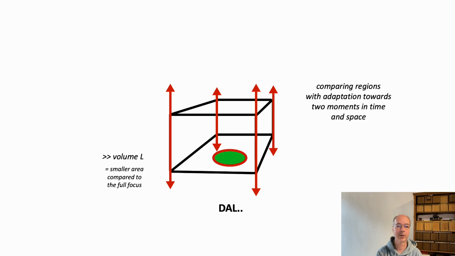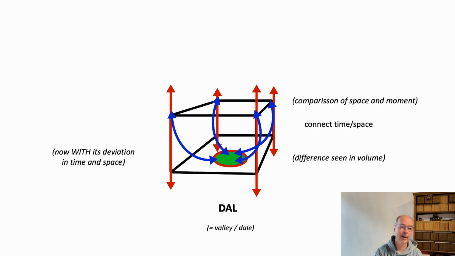So they compare regions and time frames, also moments in time and frames. If you do that, this comparison here, you have this deviation, the comparison of space and moment, is also seen. The results can be seen in the volume, and that is what the valley is about. You compare it to a bigger volume, and that's how you sense it into a smaller volume.